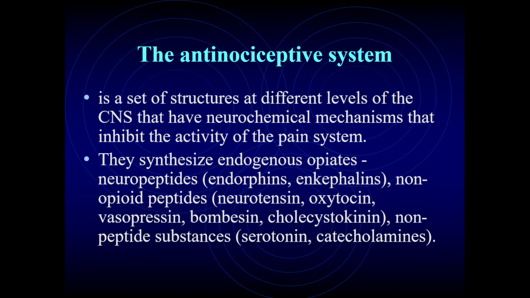In our body, we have the antinociceptive system. What is it? It is a set of structures at different levels of the central nervous system that have neurochemical mechanisms that inhibit the activity of the pain system.